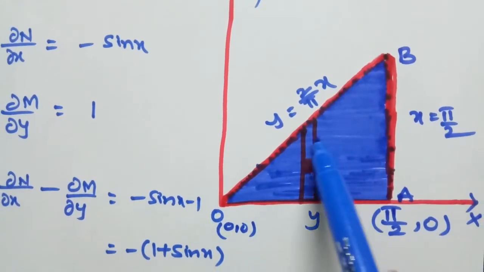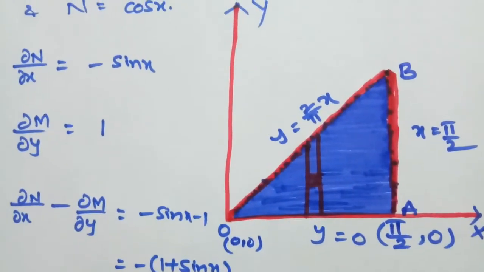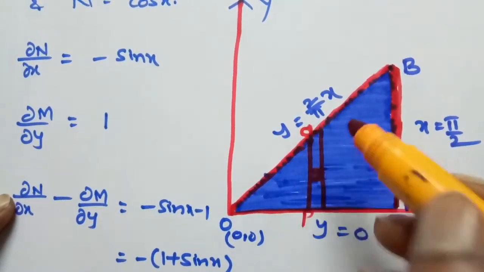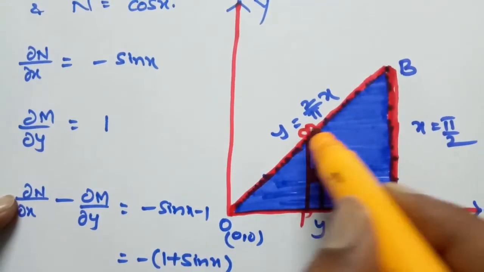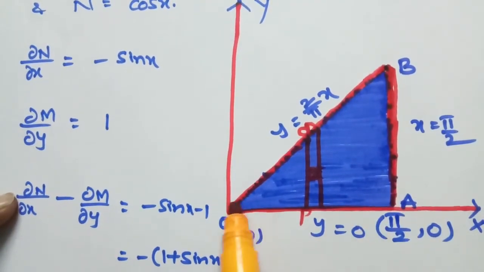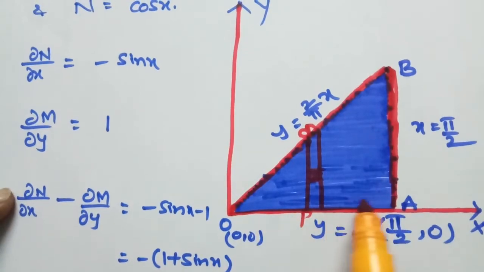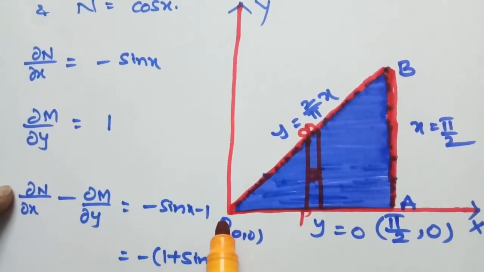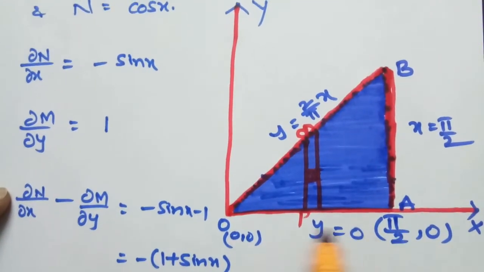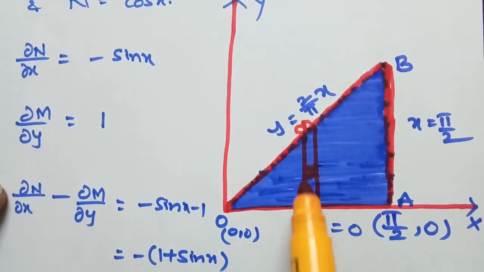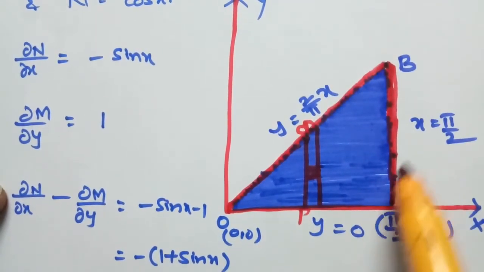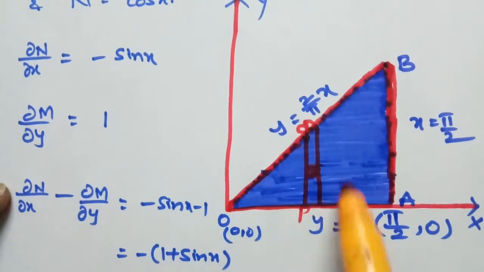This is the vertical strip we have considered to cover the entire region, that is the vertical strip PQ. The lower end of the vertical strip lies on the line y equal to 0. Therefore, P lies on y equal to 0, and x varies from 0 to pi by 2.